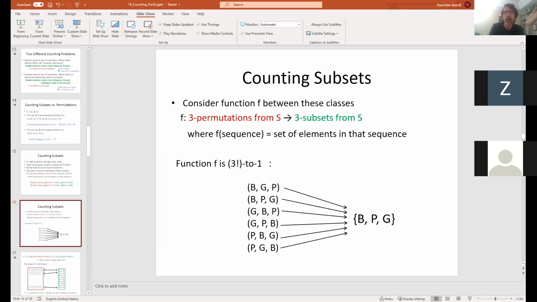Well, as many as there exist permutations of this set. So if the set has 3 elements, then the number of these is 3 factorial. So the k in the k-1 function is 3 factorial, which is more generally r factorial. If you're taking an r element set, it's r factorial between them.